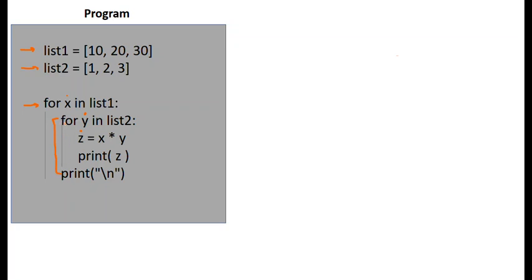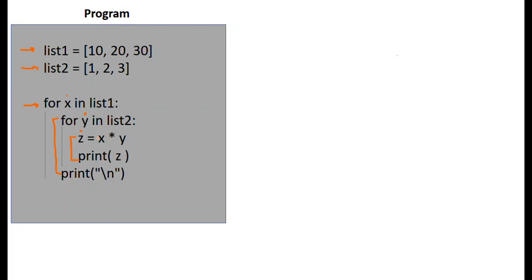For the second or inner for loop, only these two statements will belong to the for loop. That's because they are indented further from the header of the for loop. The header of the for loop is for y in list2, for example. So make sure to know which statements belong to which statements.